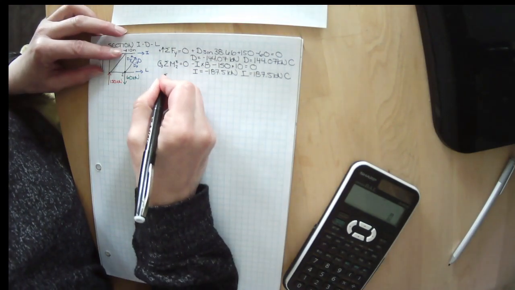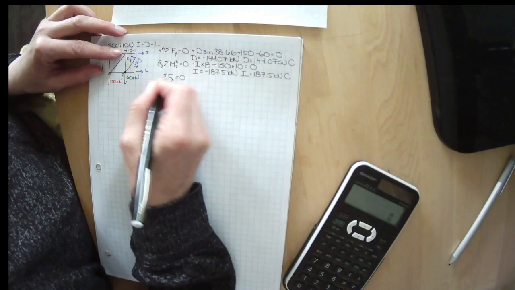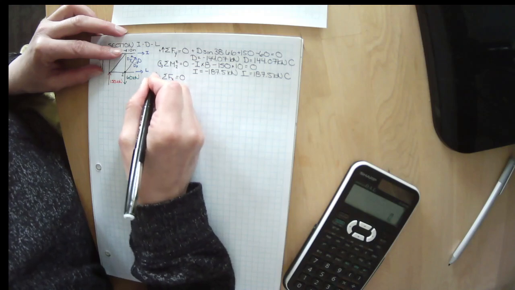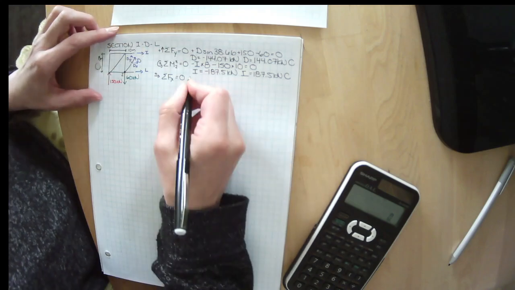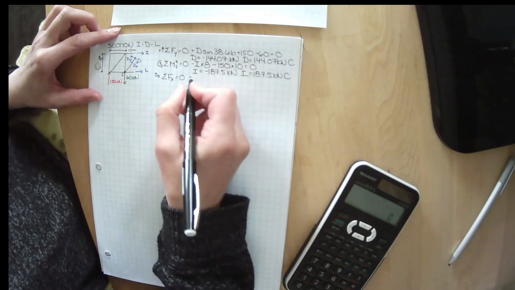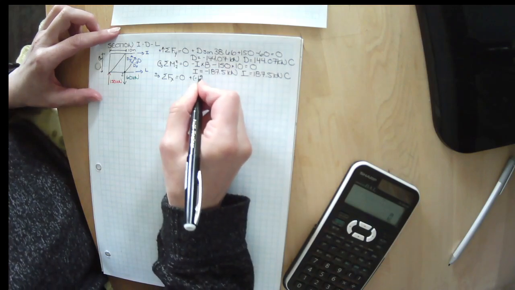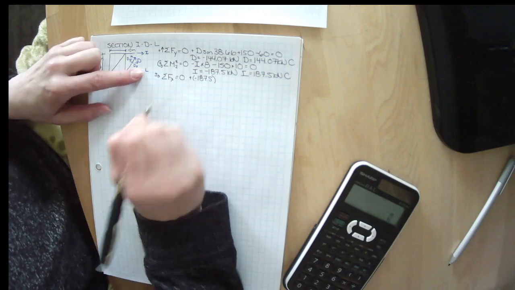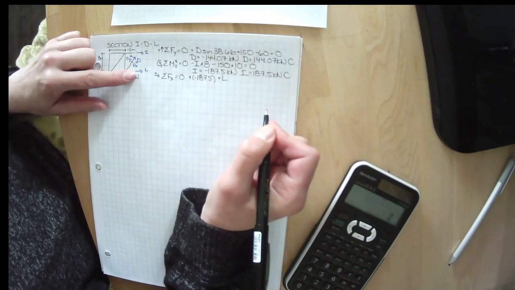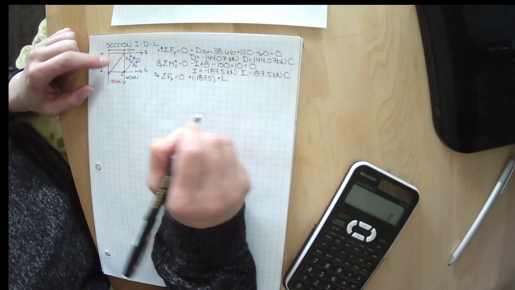And I can sum the forces in the x direction, where everything in that direction is positive. I've got I going in the positive direction, but it's actually in compression. I've got L going in the positive direction. I don't know what the value of L is.